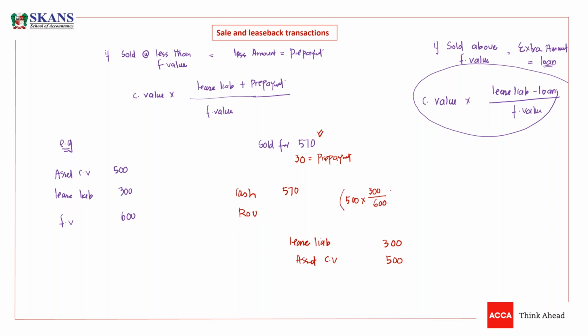Some people add the prepayment here, some add it first and apply the same formula, and they add it afterwards. Both approaches are okay, so it's totally up to you. The value of this would be exactly 280 if I apply the formula this way.